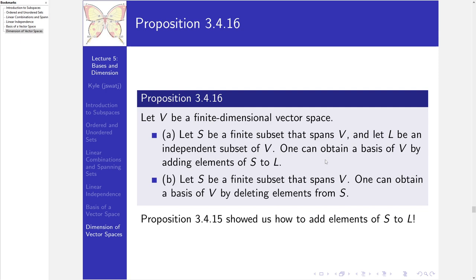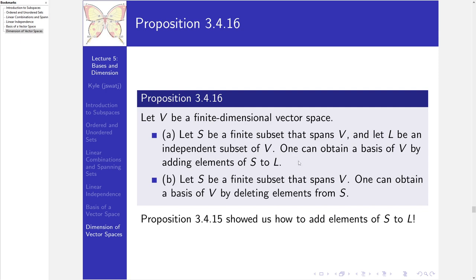If we keep adding elements and retain the independence of the set, we will eventually reach a point where we're in this middle ground, both spanning the entire space and independent at the same time. There's sort of a squeeze theorem in a way that I'll show in a couple slides to give a better representation of this.